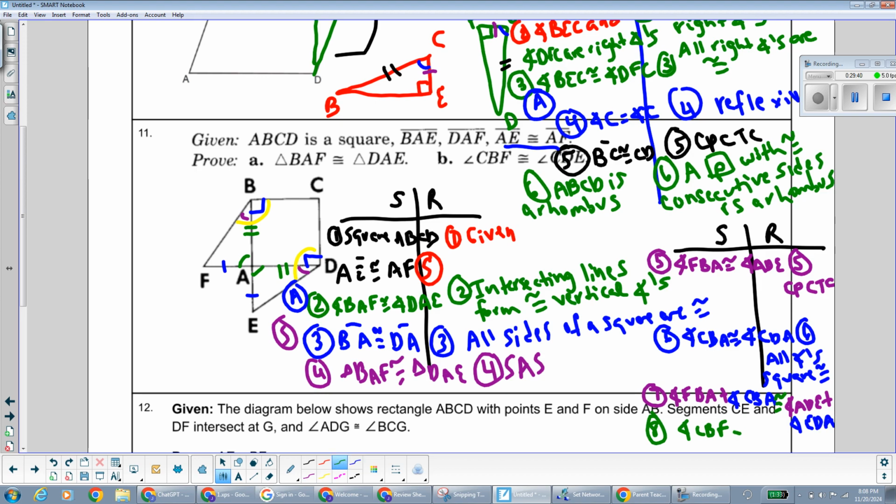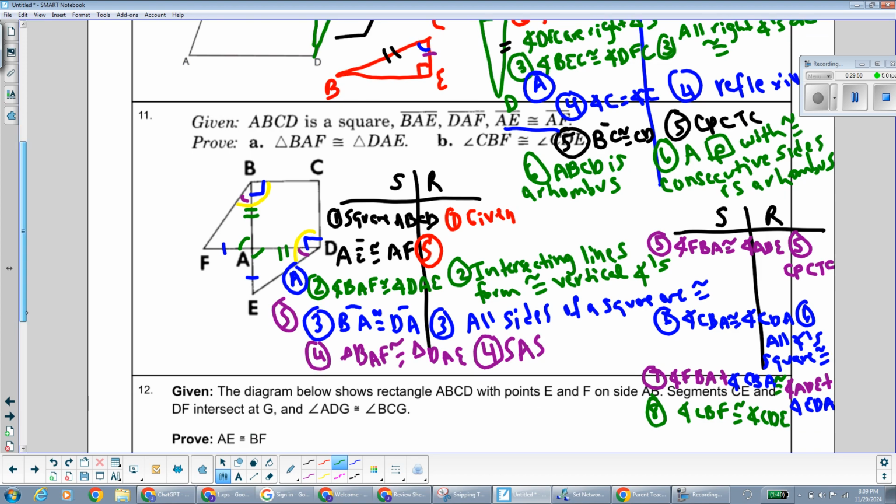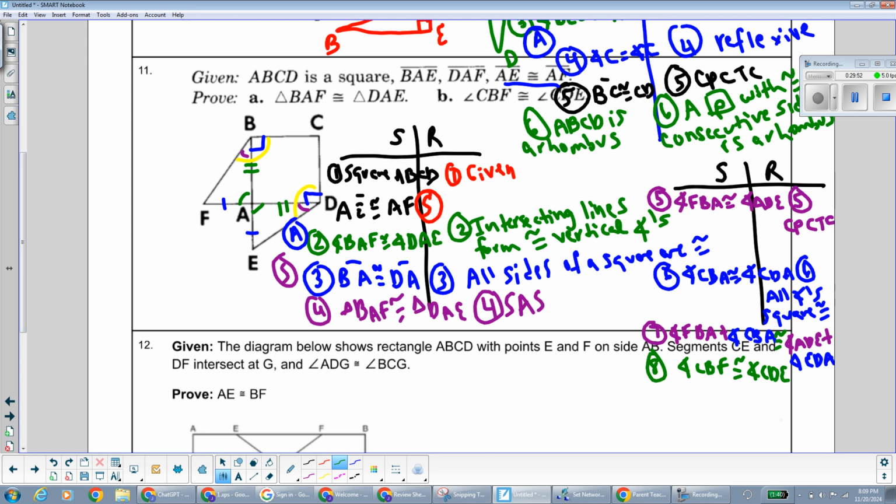And that gives us this whole big angle CDE. The reason for step number 7, and I'll just draw arrows, is addition. And the reason for step number 8 is substitution.